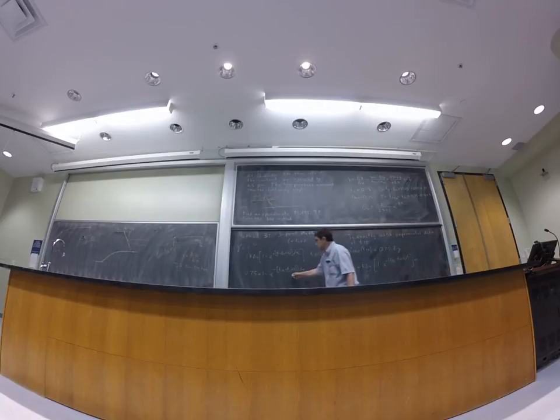I can put the exponential on one side and the 0.75 on the right-hand side.